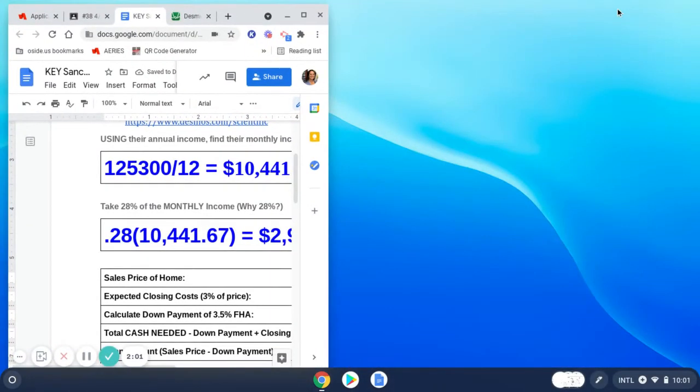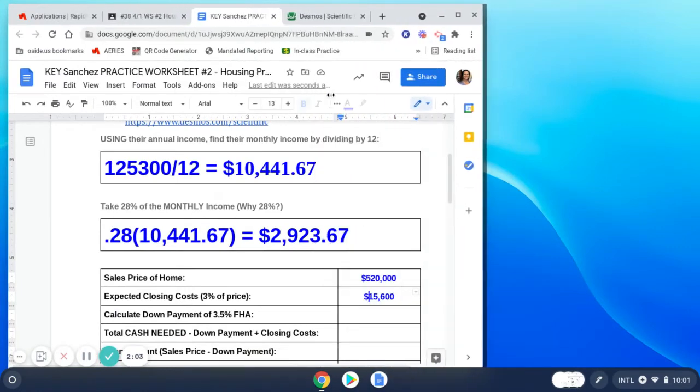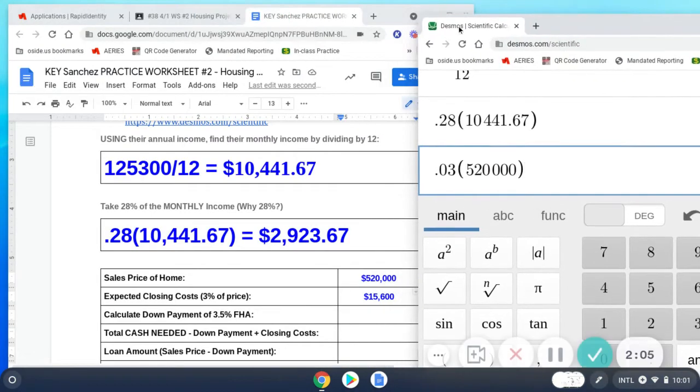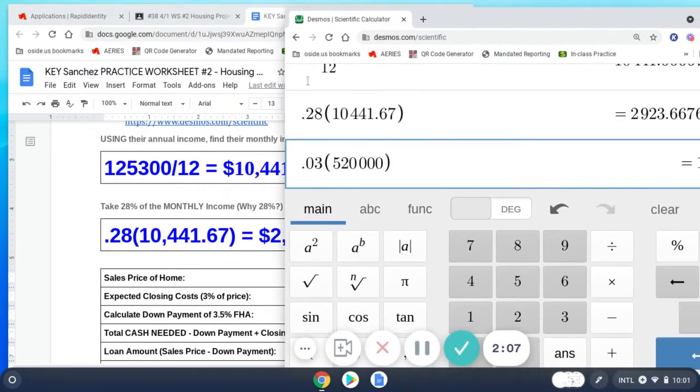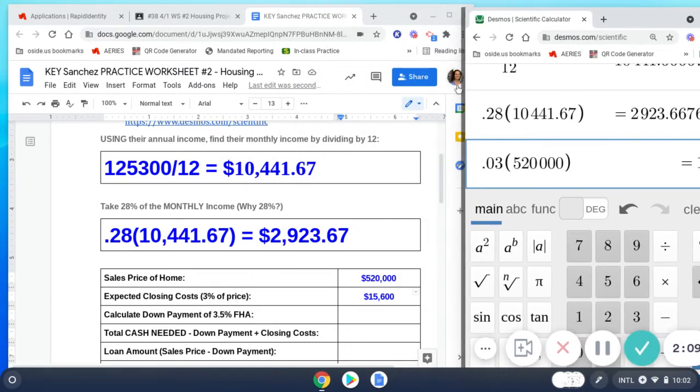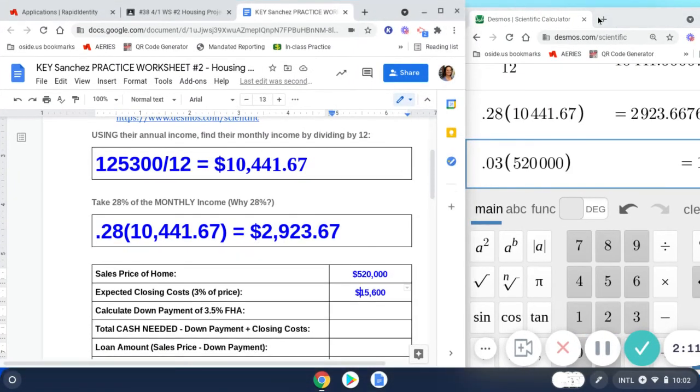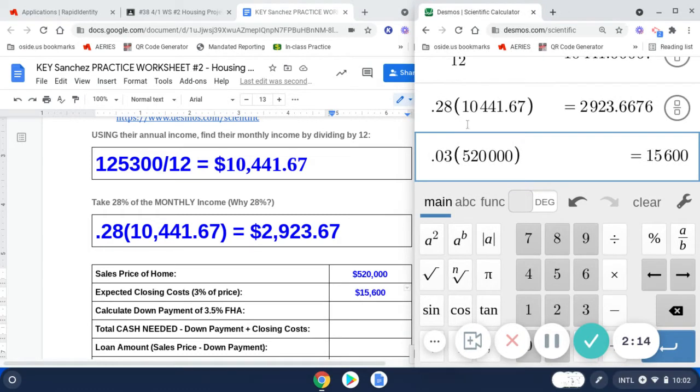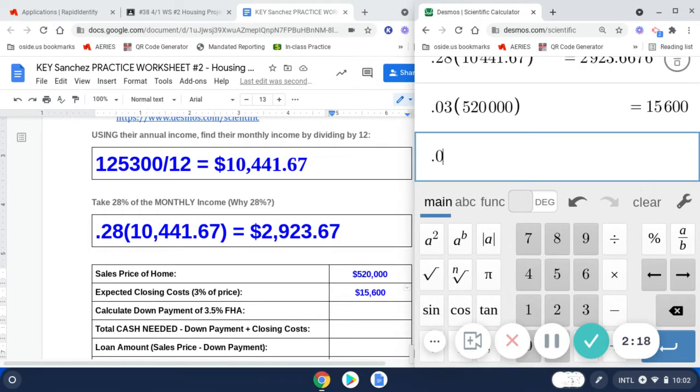Let's go ahead and then 3.5% of the $520,000 is the down payment, $18,200.